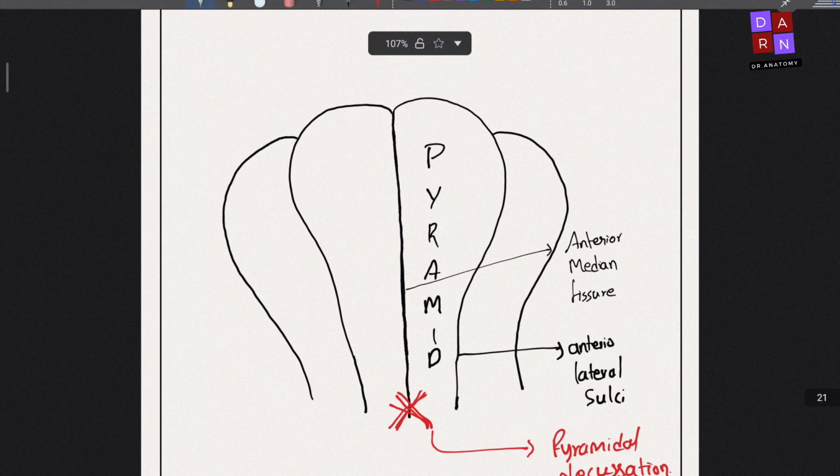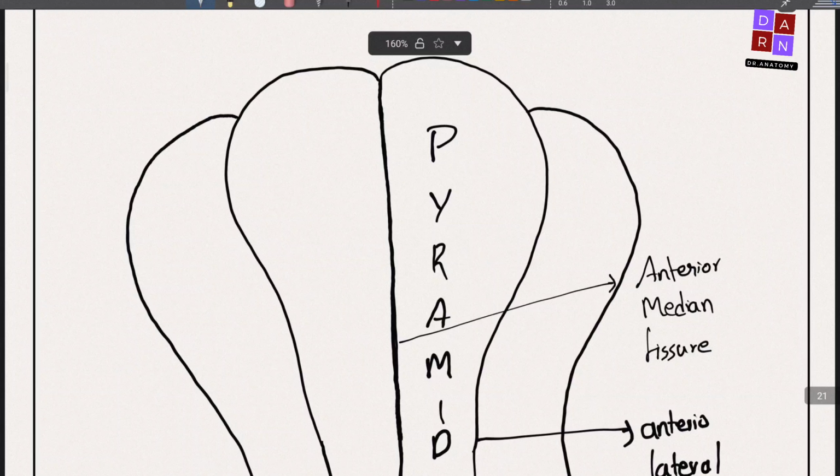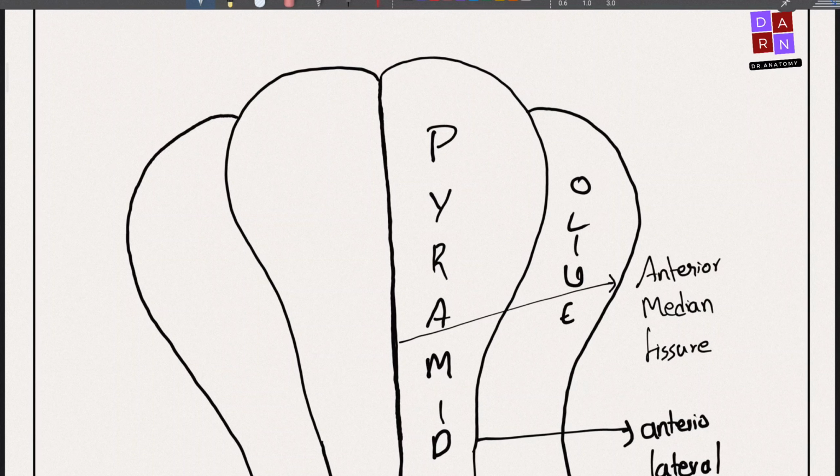And laterally we have an elevation known as the olive. This structure is the olive.